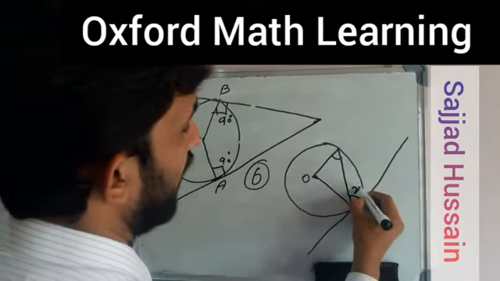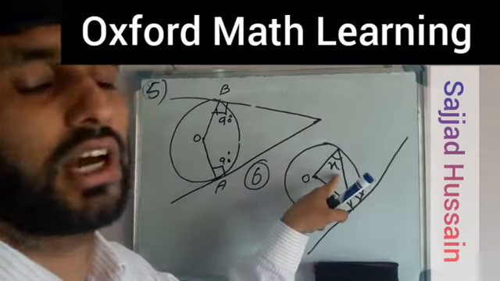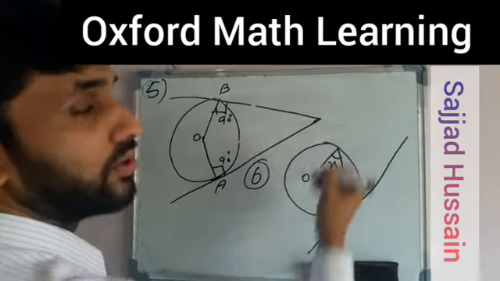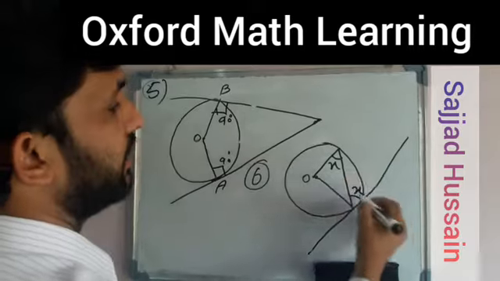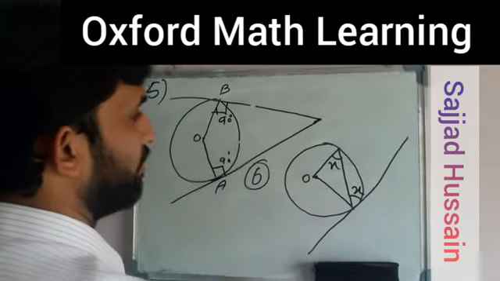So if it is x, then this will also be x. If it is 50, then this will also be 50. Angles opposite to tangents are equal. This is the sixth property.